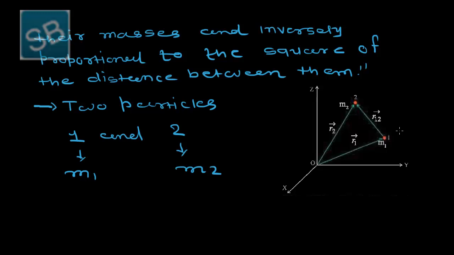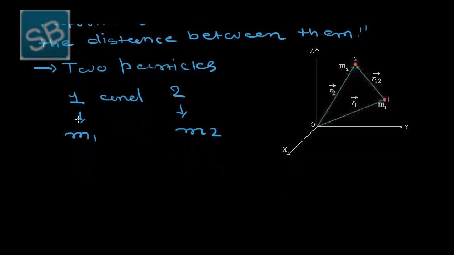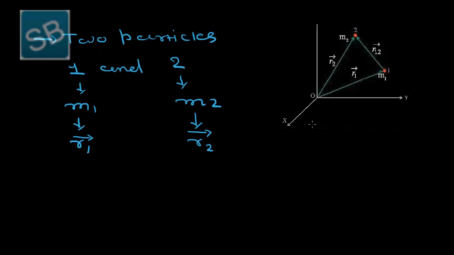Which are at positions with respect to the origin. Their position vectors are r1 and r2 respectively. So the force existing on this body is directly proportional to the product of their masses.